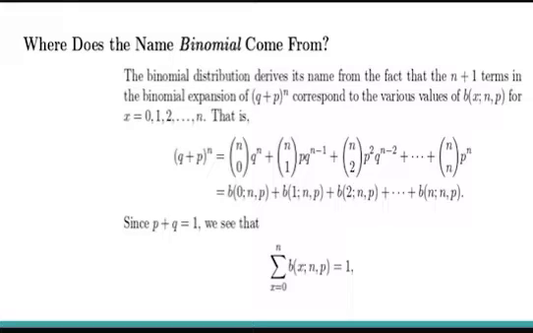Then you're going to get to a point, the last term of that is going to be P raised to power n. Where is Q? Because Q is counting 0, and anything raised to power 0 is basically going to be 1. In the end, what do we have? Everything here is going to add up to 1. Of course, we know P plus Q is 1. 1 to the power n is basically going to be 1. Take note of that.